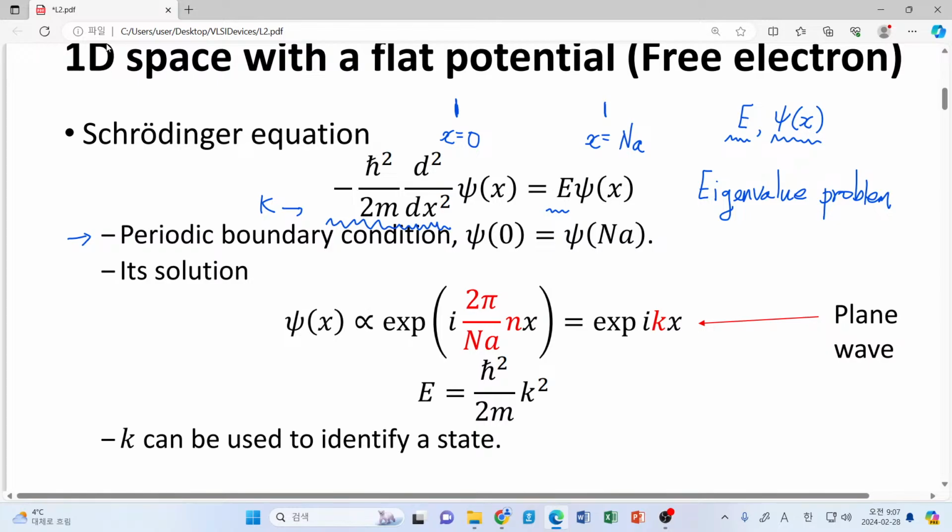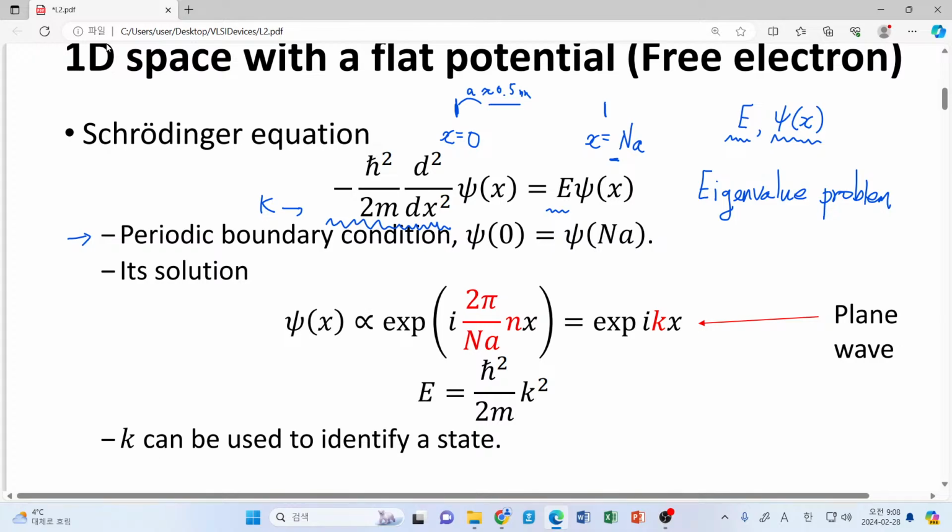Here the unit length is written as a, and this is quite a short length, and large N means quite a large number. For example, a is close to 0.5 nanometer, and the entire scale is macroscopic, so centimeter.